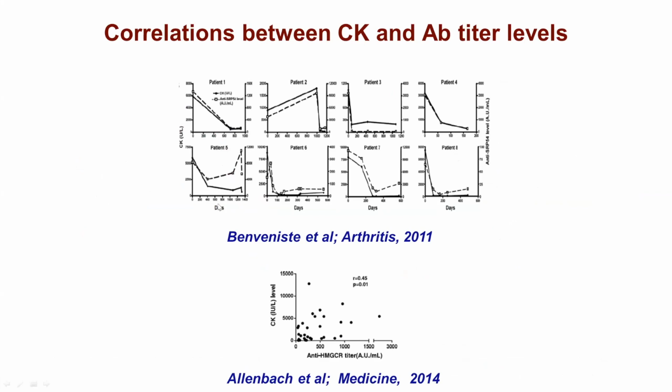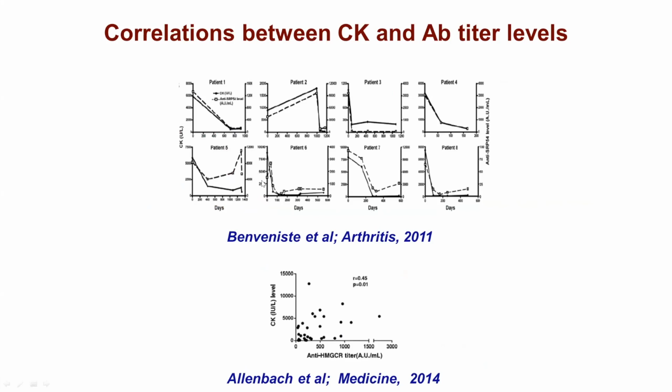You can see here 8 patients over time, where you can observe that at day 0, before any treatment, you have the level of titers of your anti-SRP and your CK levels. And after treatment, you can see the decrease of the CK levels, but also of the anti-SRP levels. And it's not a very frequent situation.